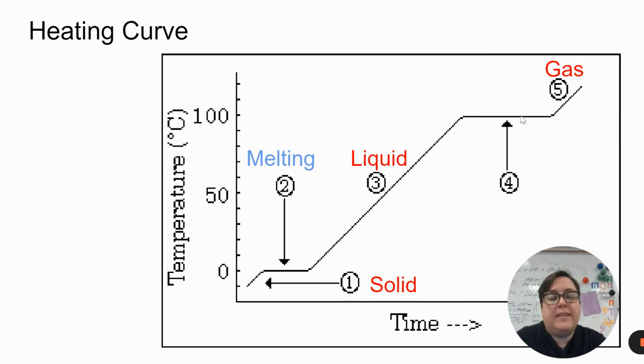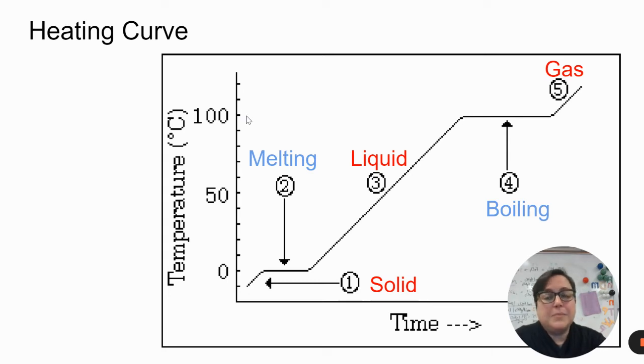Up here where we have our second plateau, going from liquid to gas is called boiling or vaporization or evaporation, depending on where the gas originates in the liquid. And if we trace this straight across, we can see that the boiling point is 100.